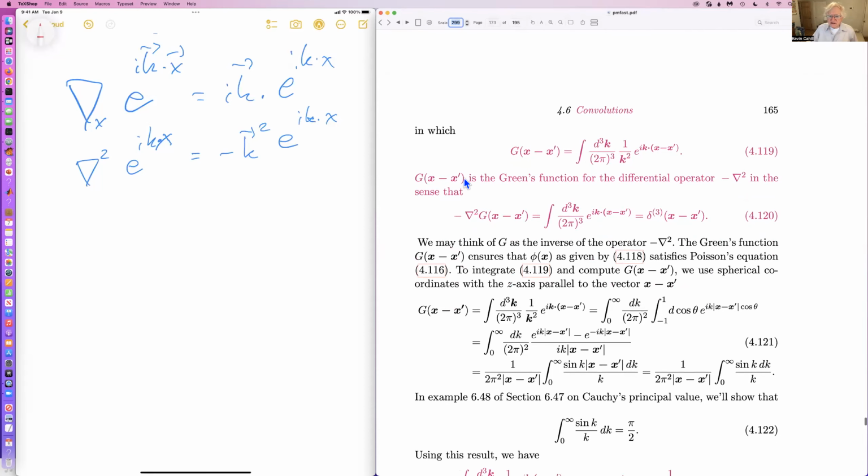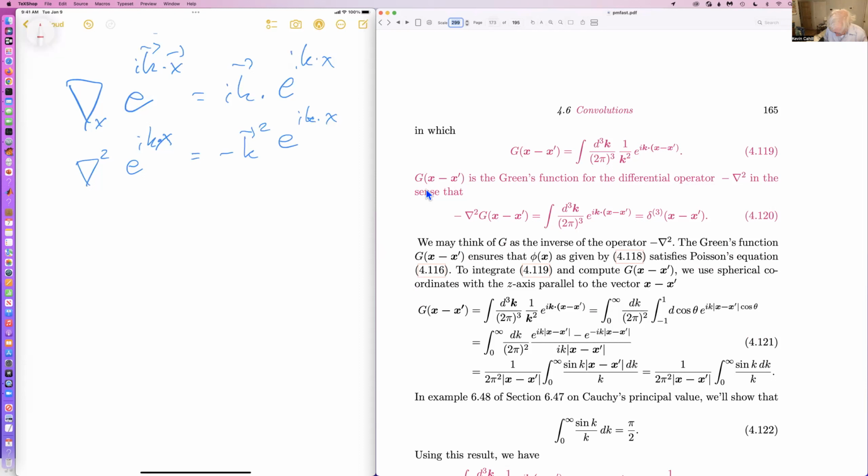What turns out is that g of x minus x prime is the Green's function for the differential operator minus Laplacian. And so what Green realized was that you could solve a lot of differential equations efficiently if you invented functions that were inverses of the differential operators.